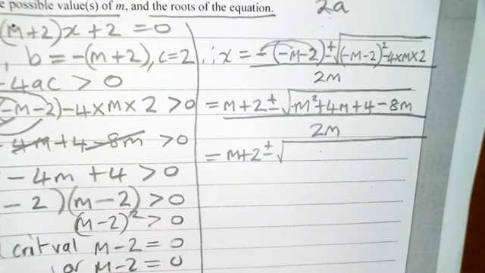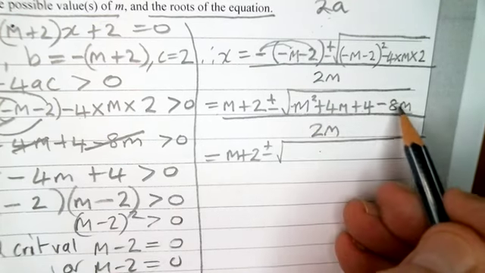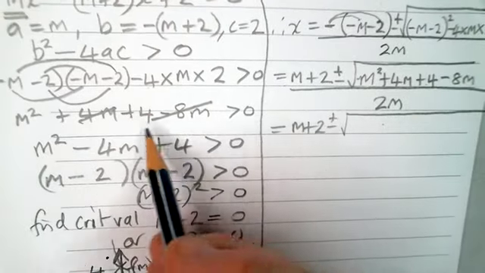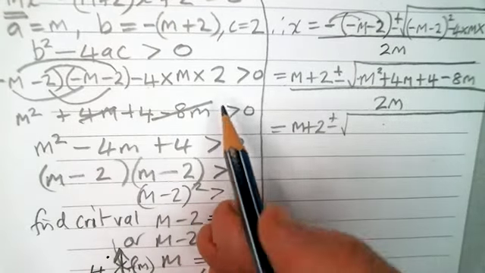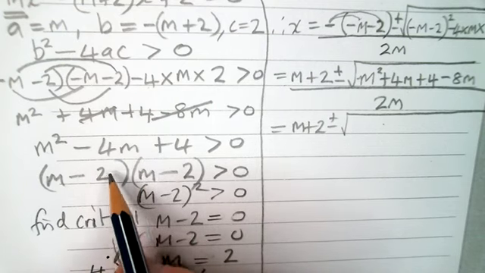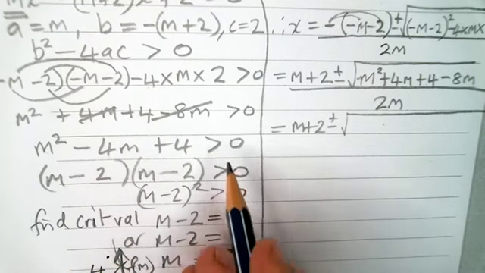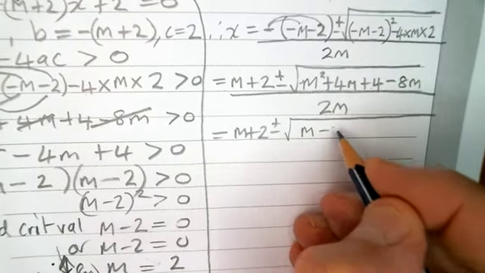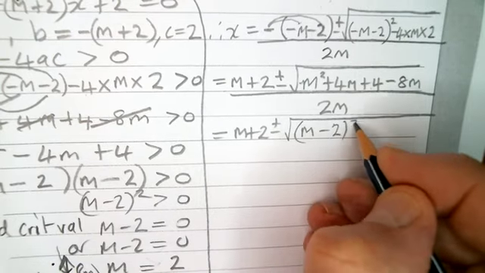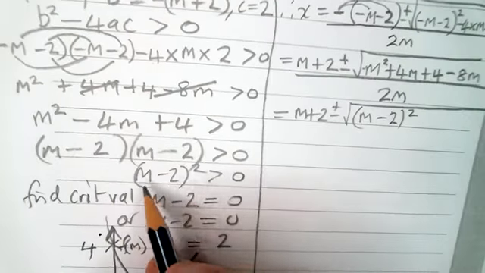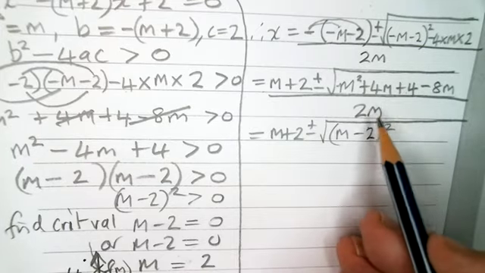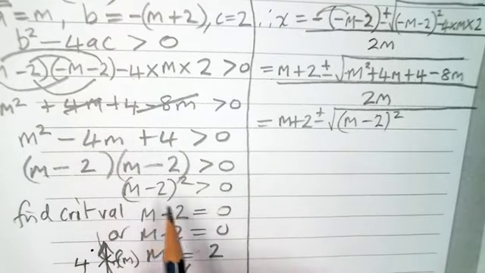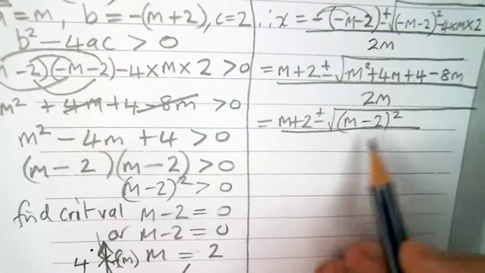Oh, no, it works out fine, because we know all of this here is the same as all of this here. And all of that comes to m minus 2, m minus 2, or in other words, m minus 2 all squared. That's what it was. Sorry, I'm not even thinking. I'm trying to solve this in my head, and all the time we've already done it all over here. And so now this is all just divided by 2m.